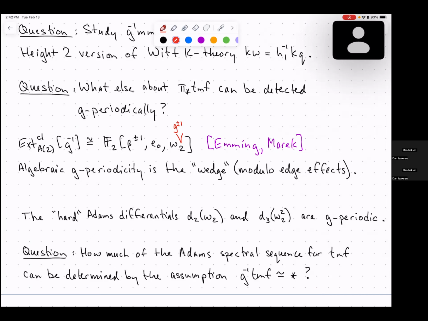I'm not saying that G to the sixth is or G to the fifth is. I'm just saying some power of G, could be G to the 120, is hit by an Adams differential. From that very weak assumption, what can you deduce? It feels like these differentials might be deducible from that very weak hypothesis. That's the kind of game you can play here.